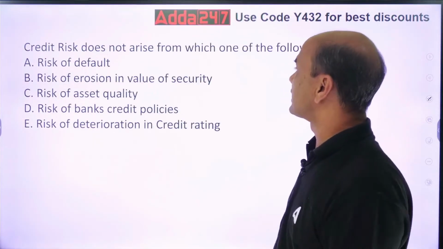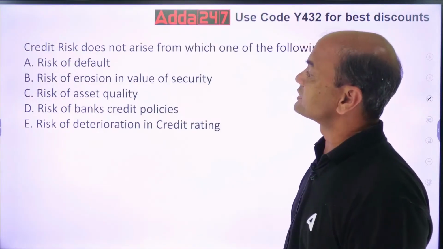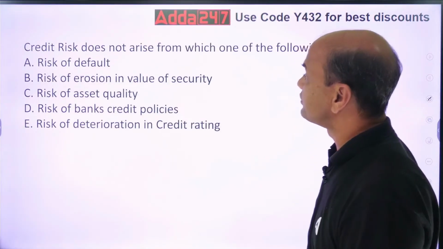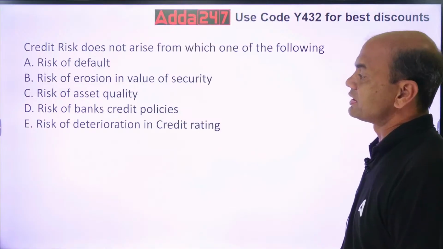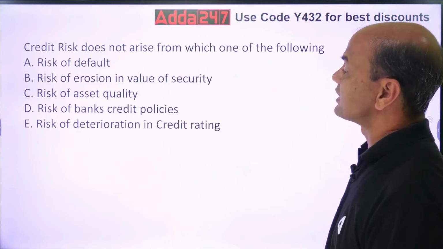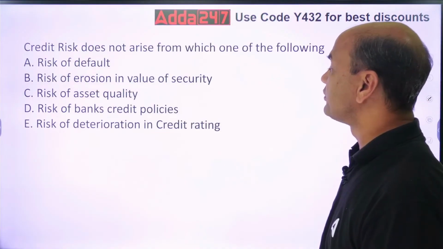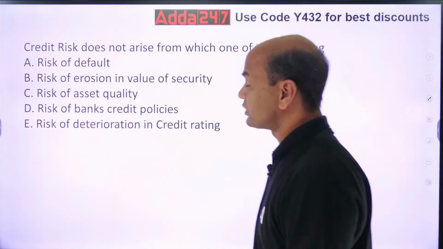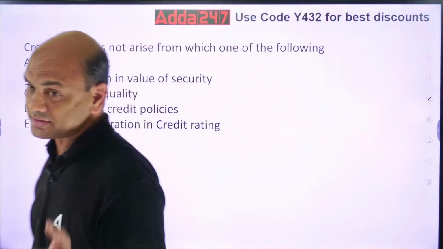Credit risk does not arise from which of the following? Risk of default, risk of erosion in the value of the security, risk of asset quality, risk of banks' credit policies, risk of deterioration in the credit rating. See, this is a tough question.